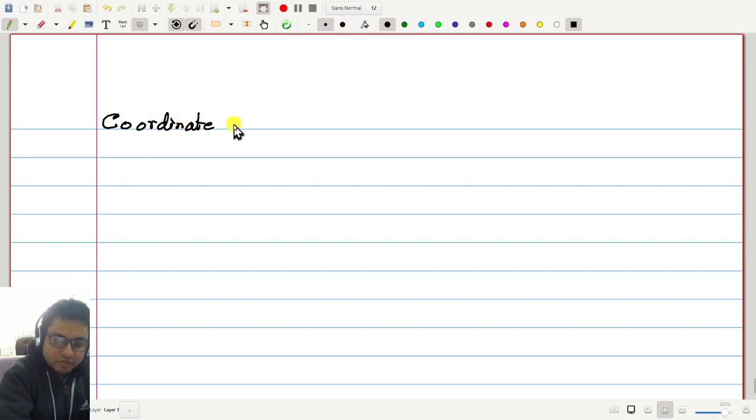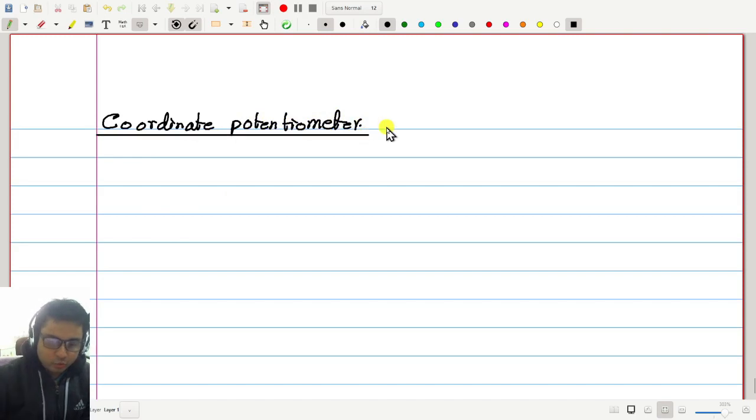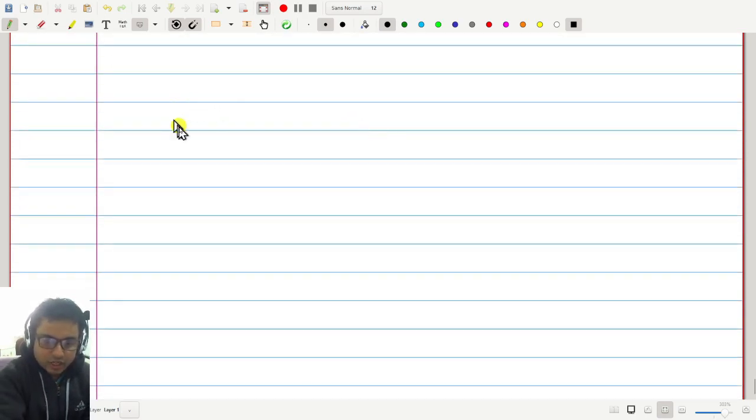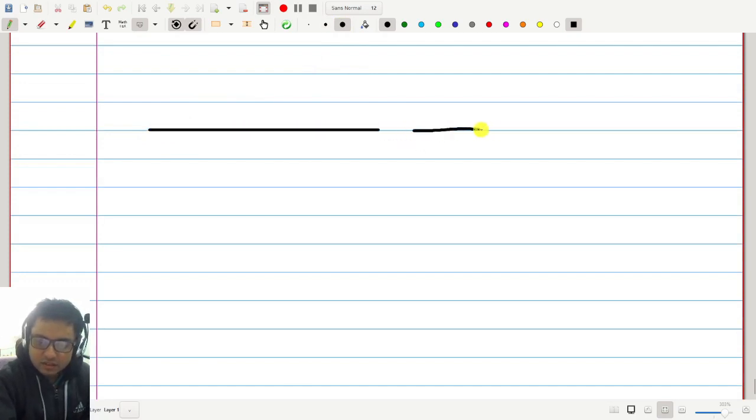Coordinate potentiometer. Okay. Essentially, it is a combination of two potentiometers. So let me draw two potentiometer wires of normally equal length.